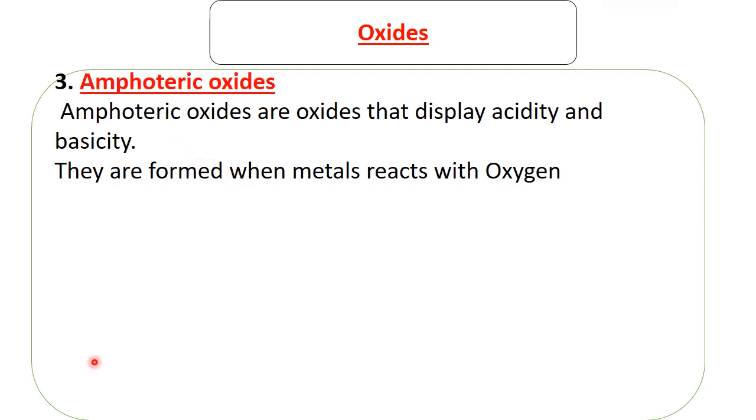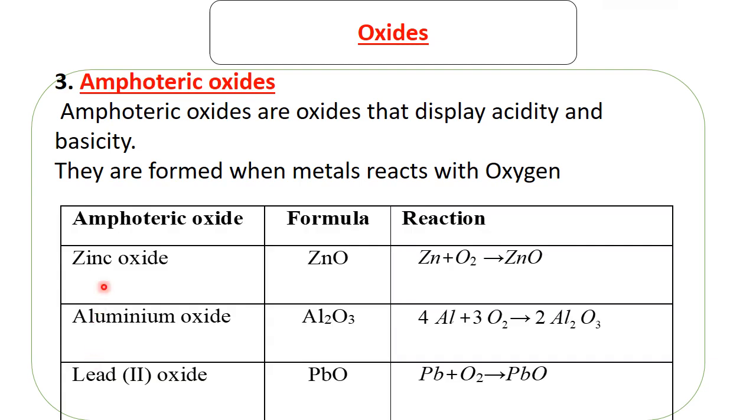So here are some examples. Zinc oxide, which is part of the transition metals, has the formula ZnO, and in the reaction zinc reacts with oxygen to form zinc oxide. Aluminium oxide is the other one. Actually, this is one of the famous examples.